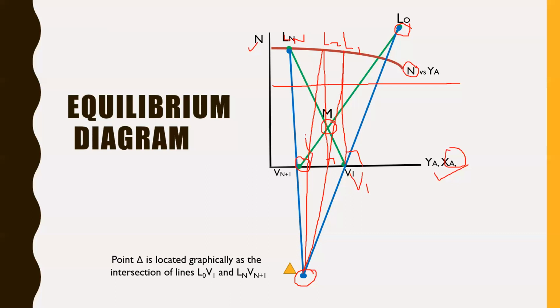So you might have another line here. This is 90 degrees and this is L3. So L1, L2, L3, and it is not possible to go anywhere further here. So Ln is the last stage if you look at this diagram. If you count, there are going to be four theoretical stages.